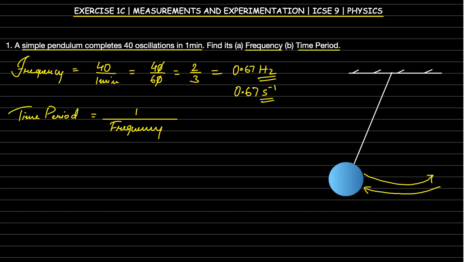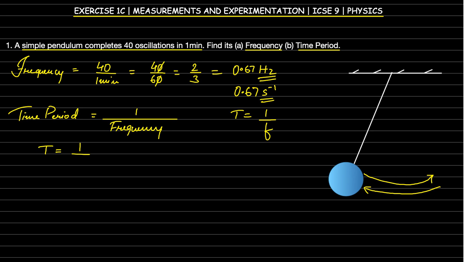This is usually written in the form T is equal to 1 divided by F. So I write T, time period. Time period is always denoted by capital letter T.